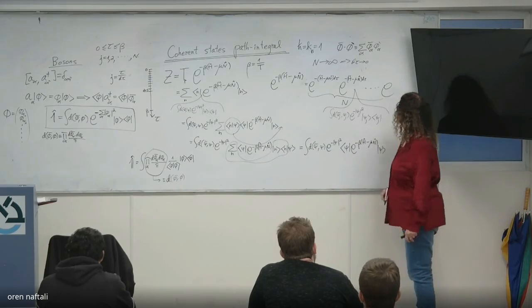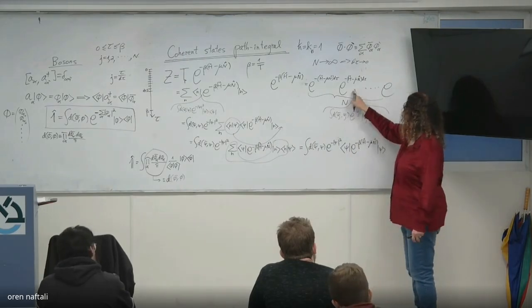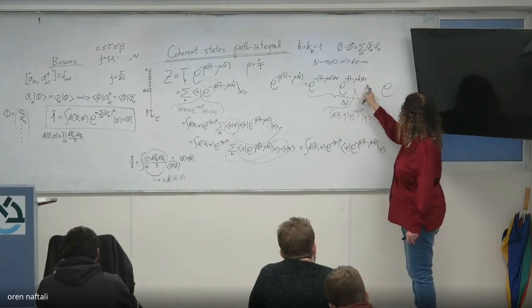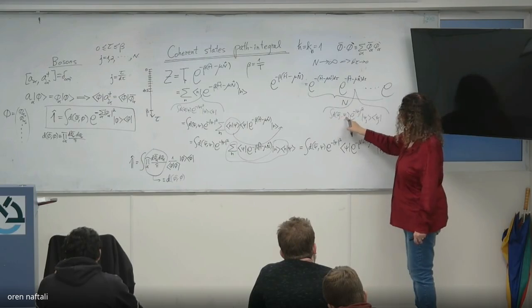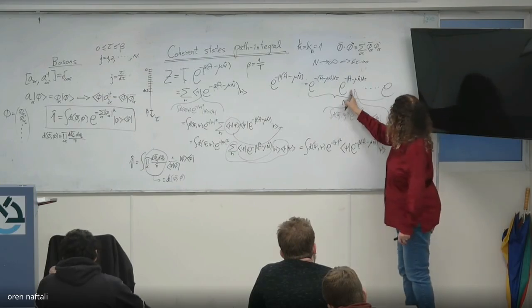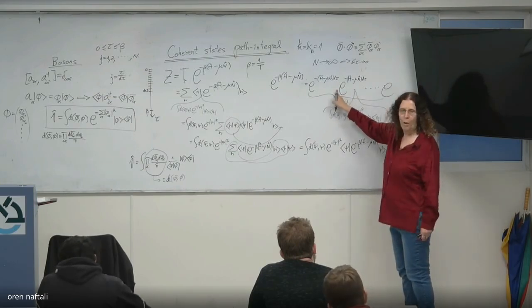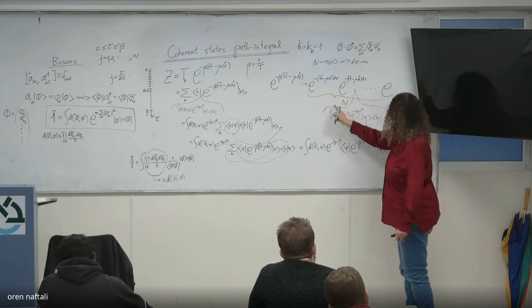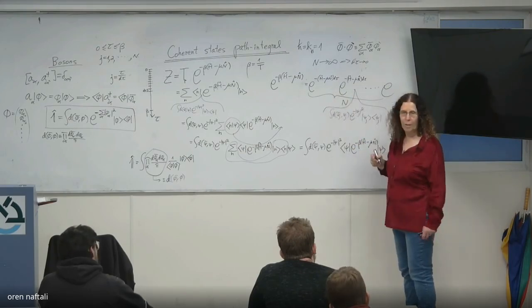So here, between this time step and the next one, I have this with psi j. To the left of the same operator, I'm going to have j plus 1.